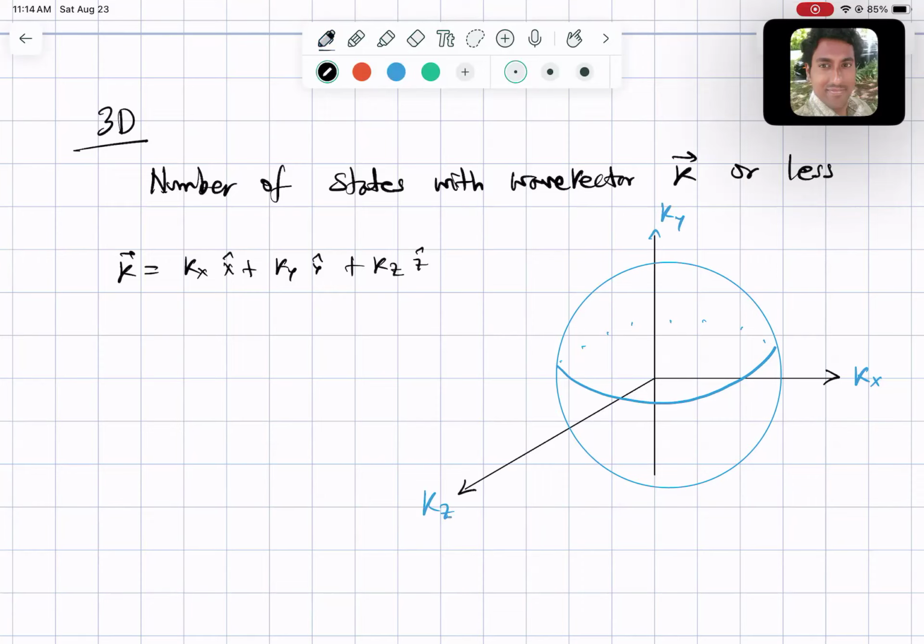And if we define a particular vector k, like this is our k. So when I say number of states with a vector k or less, meaning if we take the xyz coordinates of those k vectors and draw a sphere with radius k, then any k vector with magnitude smaller than k will be inside this sphere, a 3D sphere. Mathematically this is a 2-sphere, but let's just call it a 3D sphere for now because we're considering all the points inside the sphere as well.